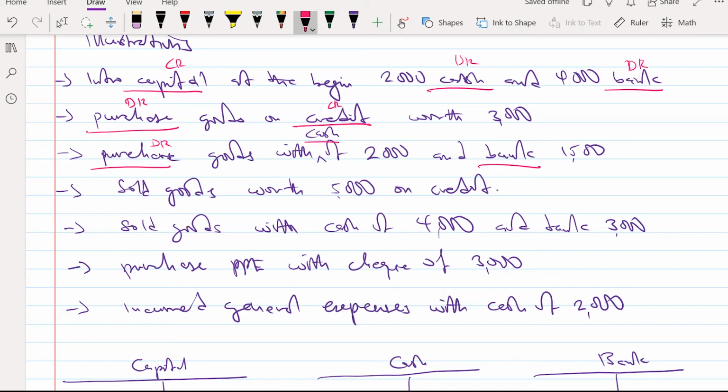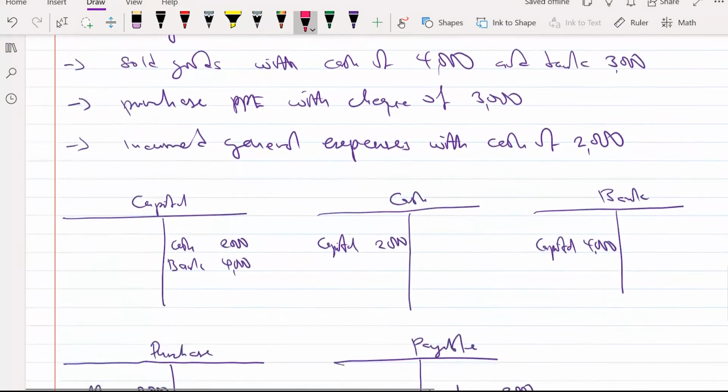Like we have said, the principle is debit the receiver and credit the giver. Therefore, we are crediting cash and bank.